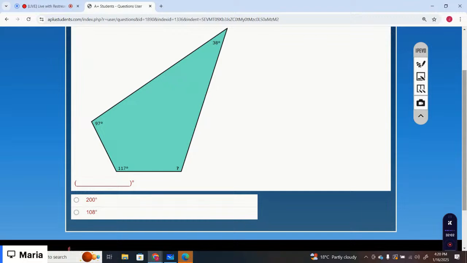So the sum of all the angles must be 360 degrees. 38 plus 97 plus 117 is 252. 360 minus 252 is 108 degrees. Option number 2 is the correct option. That is 108 degrees.